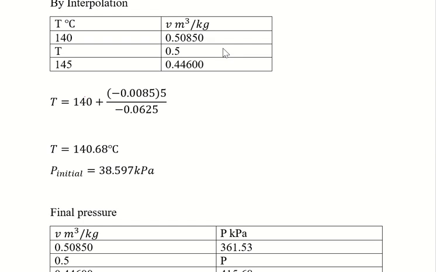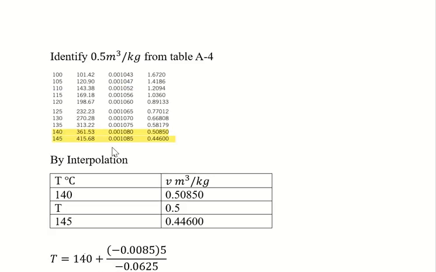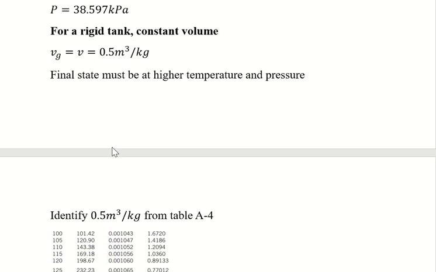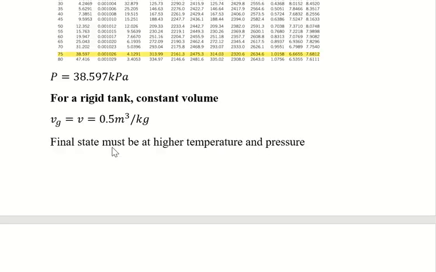From that calculation, you get 140.68 degrees Celsius. And remember, we were asked to find the final temperature and the initial pressure. The initial pressure is this one here, because the temperature they gave us for the mixture lies within the saturation region.